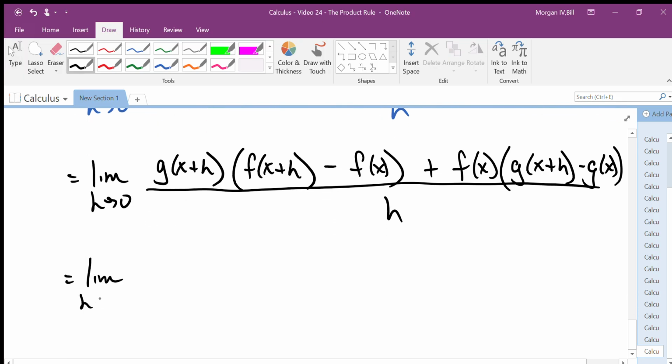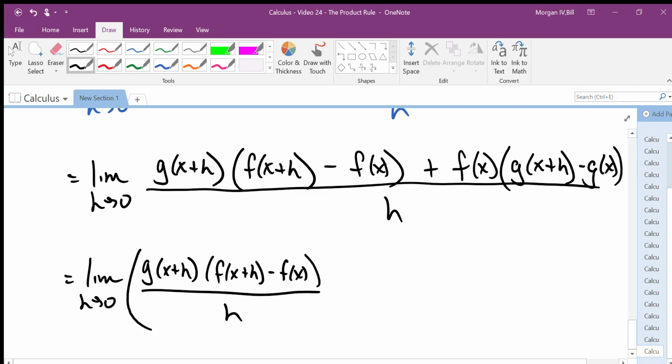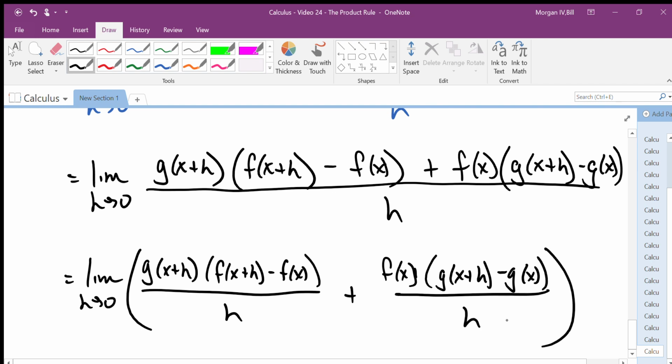So we have the limit as h goes to 0 of g of x plus h times f of x plus h minus f of x over h, plus, now we'll do f of x times g of x plus h minus g of x over this h. Right, if I were to add those two fractions, I would combine them and get the common denominator of h.